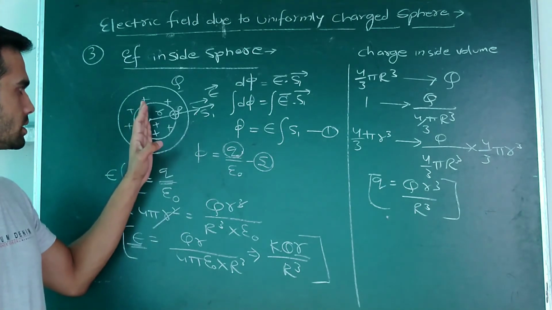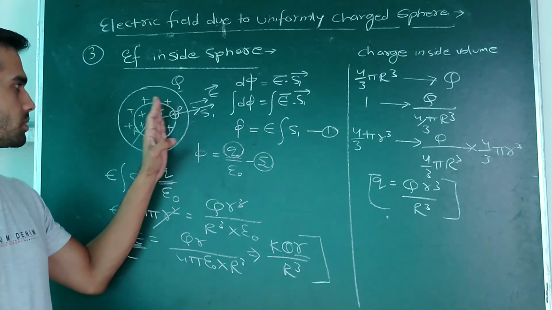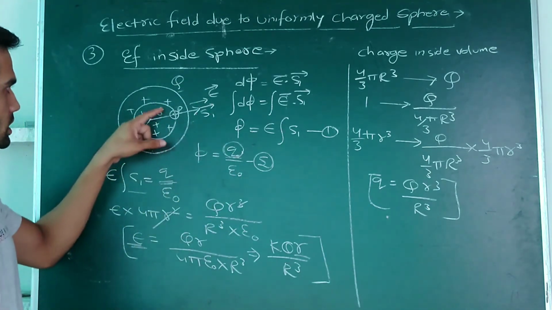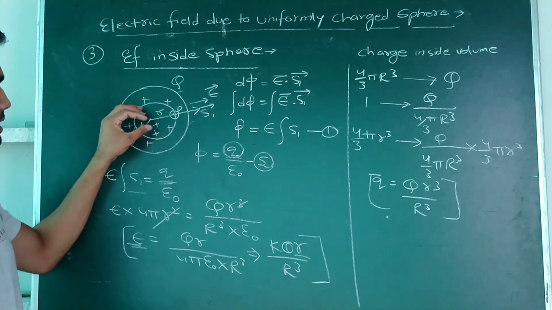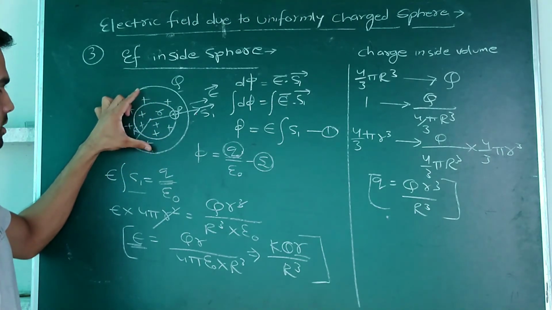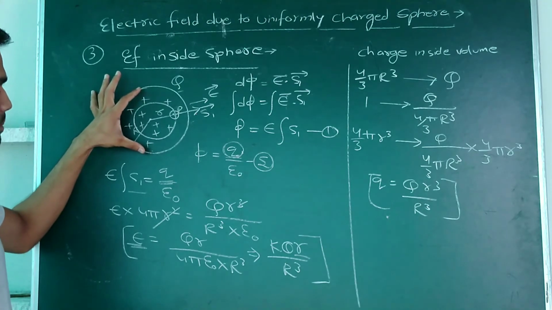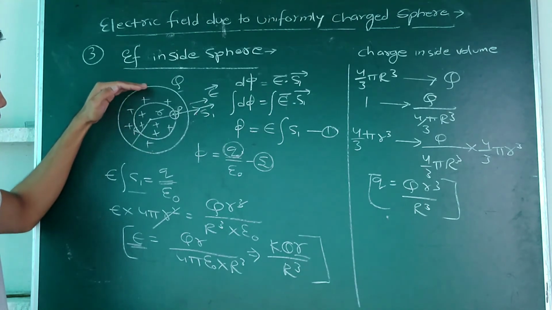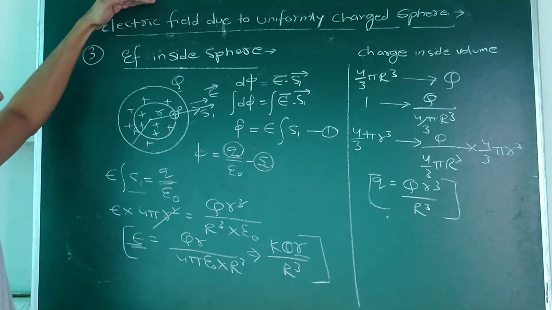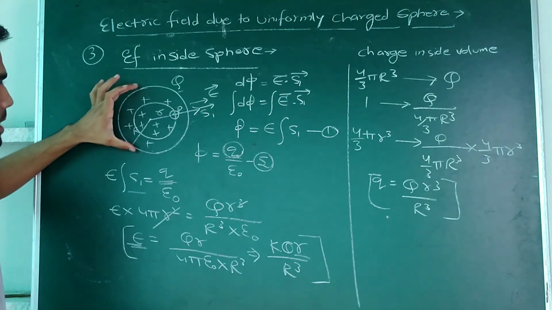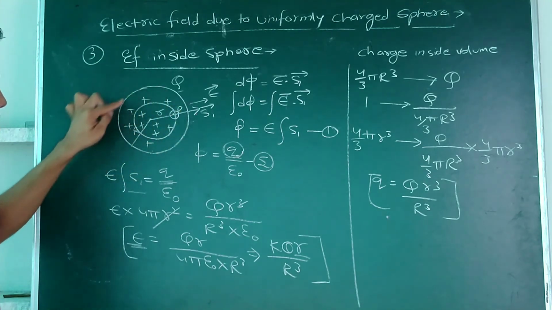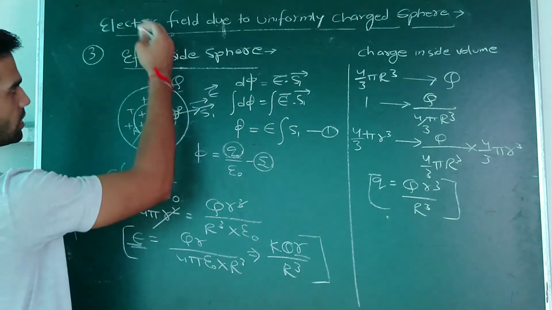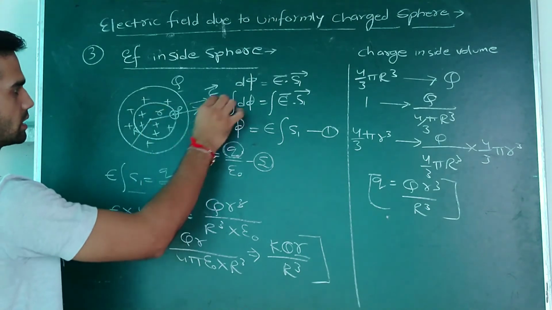But as the distance small r increases from the center of a sphere, the electric field also increases, because charge enclosed within the Gaussian surface increases according to radius, but it can increase up to the maximum distance capital R. After that, if you increase the distance of point P, then charges remain enclosed only inside this sphere. So charges cannot be increased and electric field decreases according to the distance r.